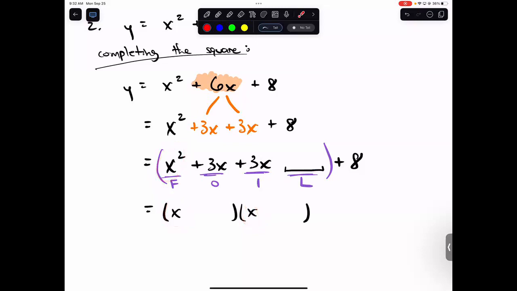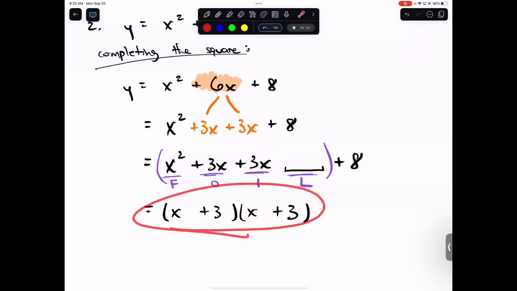Okay. Well, if the outer part of the product, so this times this, is 3x, I have the x, right? What's the other part? Plus 3. If the inner part of the product is plus 3x, well, I've got the x again, and it goes here. 3 again.